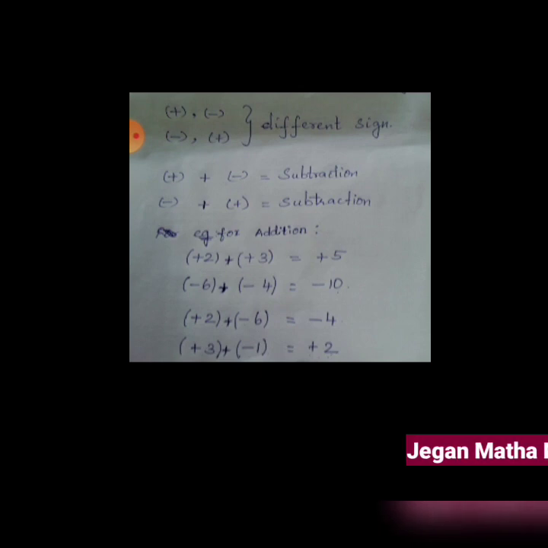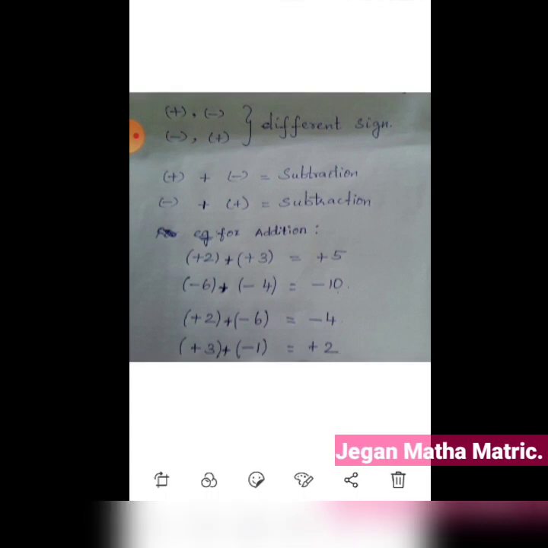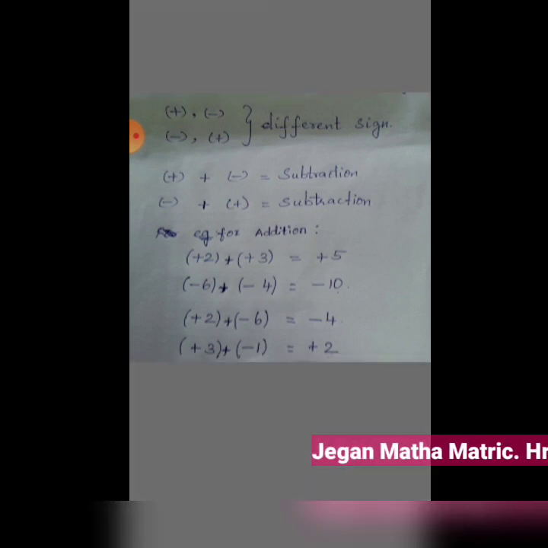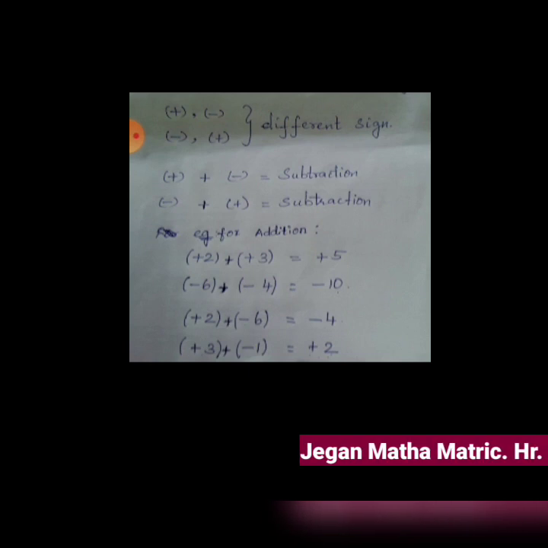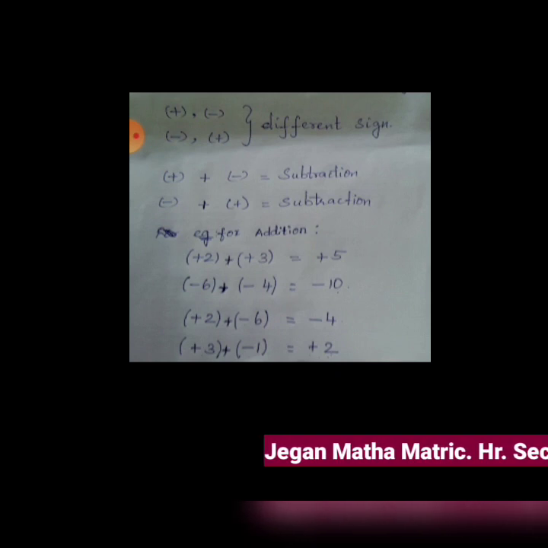In the third case, plus 2 is added with minus 6. Here, both the numbers have different signs. So, when we add the integers, the sum will be the difference between the integers. The difference between 2 and 6 is 4. The answer 4 takes the greater number's sign. In the fourth case, plus 3 is added with minus 1.